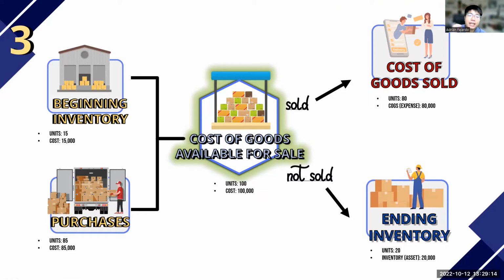Either A, nabenta sila and therefore a portion of it will be recognized as cost of goods sold, or B, they're not sold and therefore they will retain itself as ending inventory, which will then be the beginning inventory for the next period.